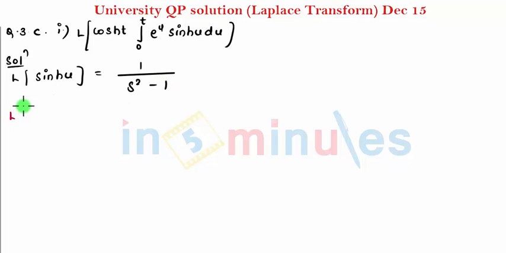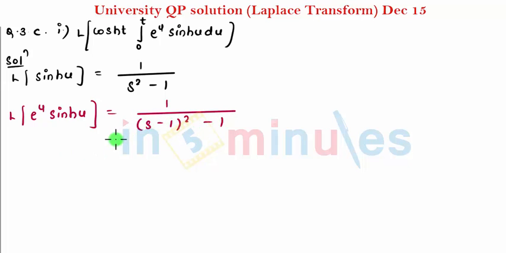The second is we need to find Laplace of e raised to u sin hyperbolic u. So that is 1 divided by s minus 1 the whole square minus 1. So that is the effect of e raised to u, which you can write further as 1 divided by s square minus 2s plus 1 minus 1, the plus 1 and minus 1 go, so that remains only s square minus 2s.